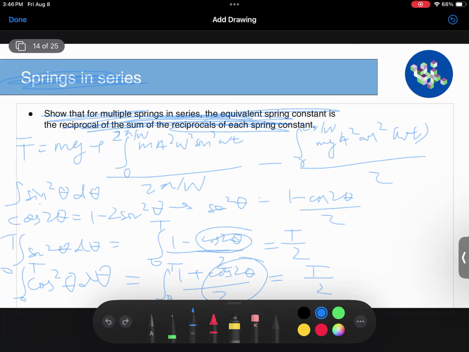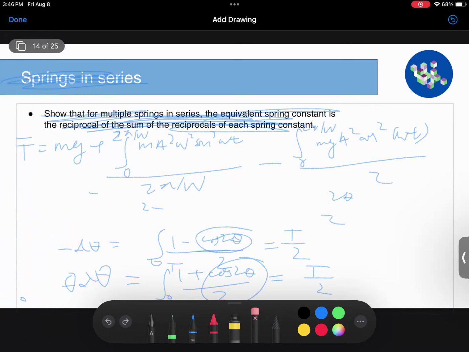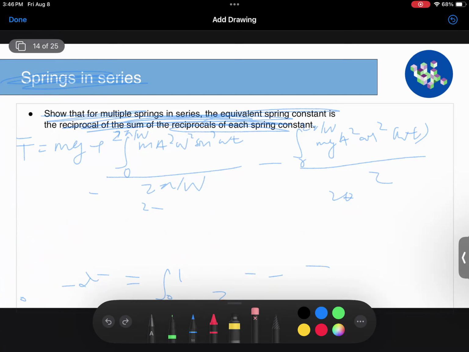Now I'll erase all this because it's just a result from the integral. That's better. Oh wait, there should be 2 times 2 pi over here. Okay, now out of these integrals, there's a bit of a complication there with the omega.